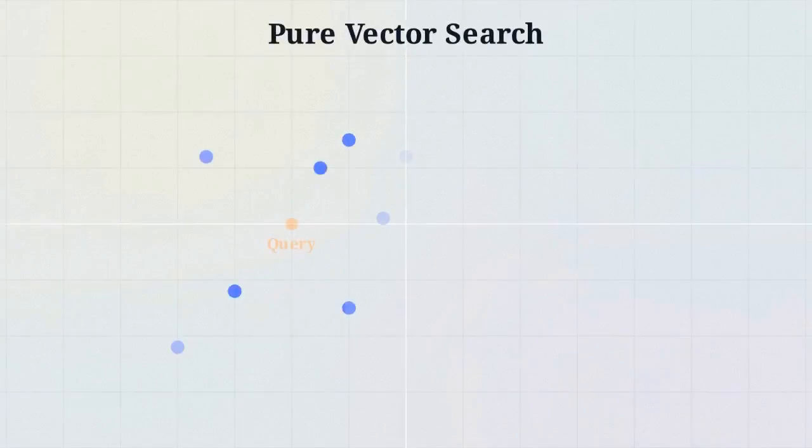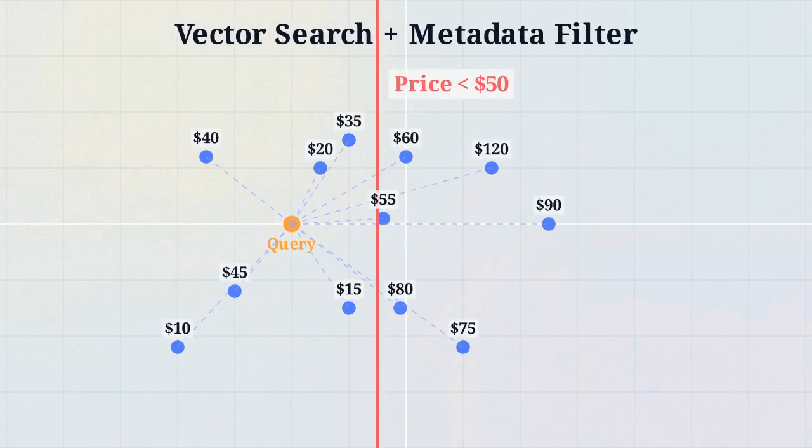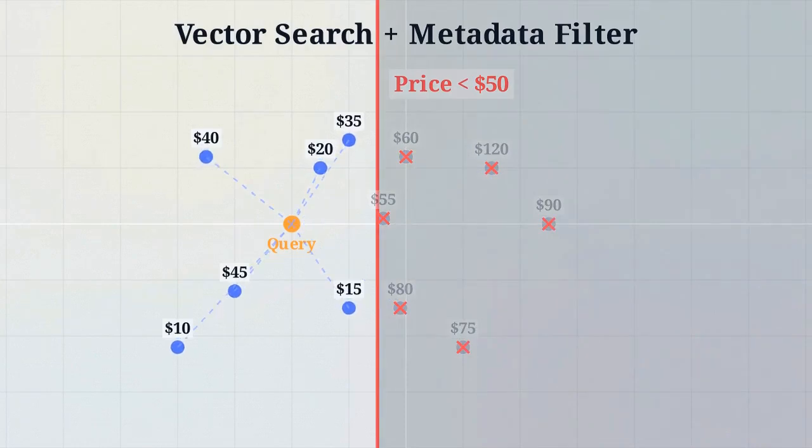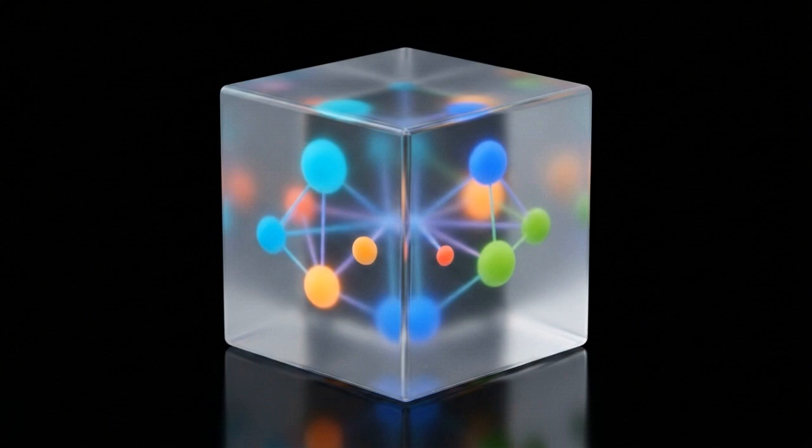Then there is the issue of metadata. As this diagram shows, spatial distance can't easily calculate a hard boundary like only show items under $50. You need a different kind of logic to handle those strict constraints. To be truly effective, an artificial intelligence needs both conceptual understanding and rigid, rule-based boundaries.